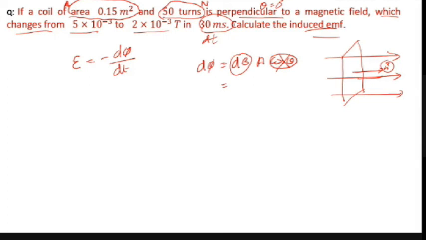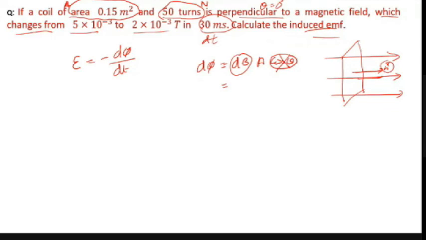Change in magnetic field is final minus initial. What is the final magnetic field? 2 into 10 raised to minus 3.